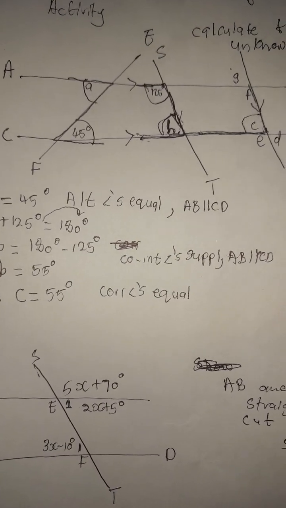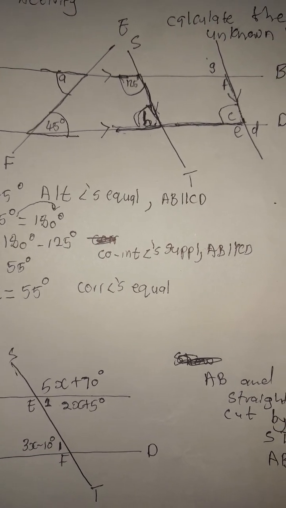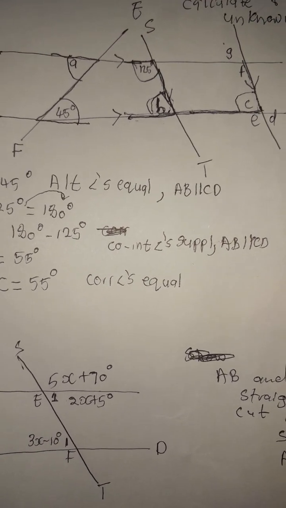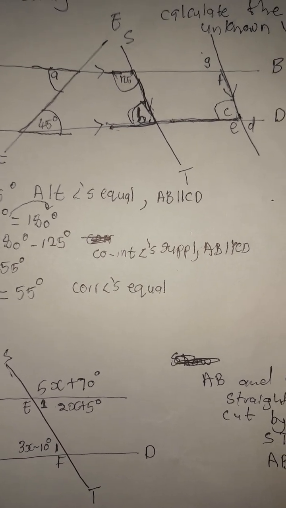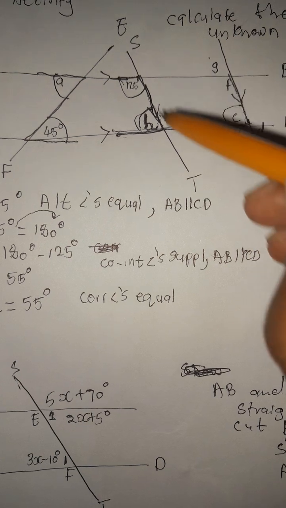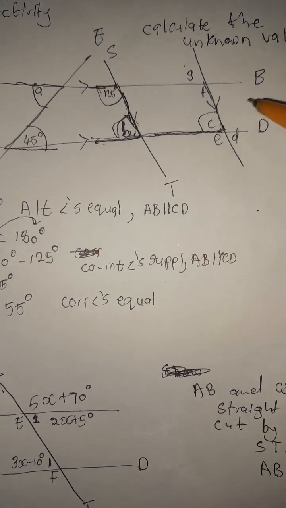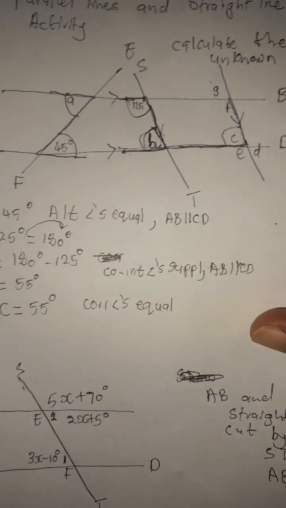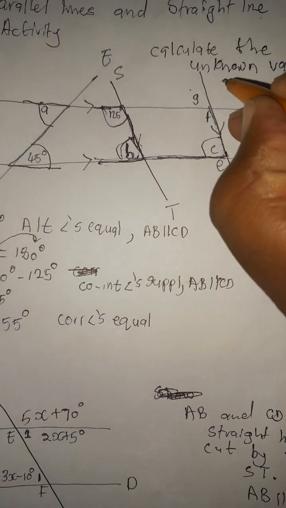So we already saw that C is equal to 55 degrees. It forms an F shape, which is corresponding angles equal. Then what next? Because we are working under these lines, that means it's ST. Oh, didn't I put here?